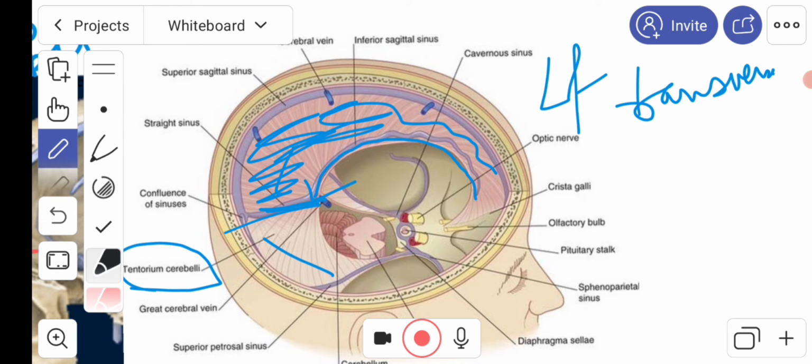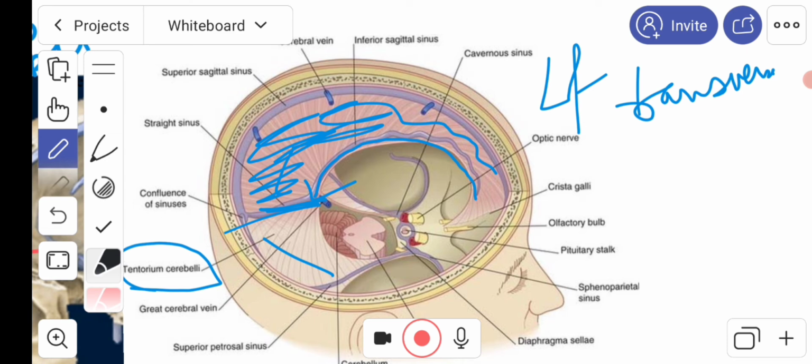So the superior cerebellar veins come out from the U-shaped notch, termed the tentorial notch of the tentorium cerebelli, and in this notch there is part of the midbrain and the upper portion of the vermis of the cerebellum. So the tributaries of the straight sinus are the inferior sagittal sinus, the superior cerebellar veins, and the great cerebral vein of Galen.